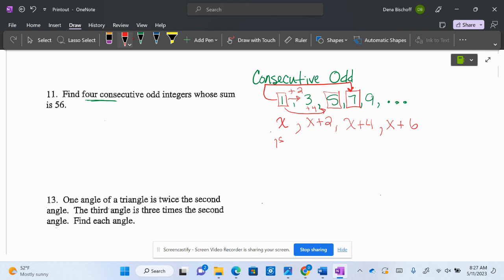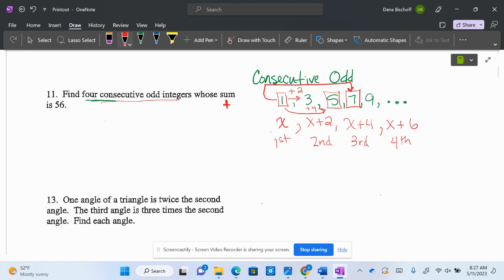So those are my numbers. This is my first, my second, my third, and my fourth. That's what it wants: 4 odd integers. Sum means I'm going to add them together, and it is 56.